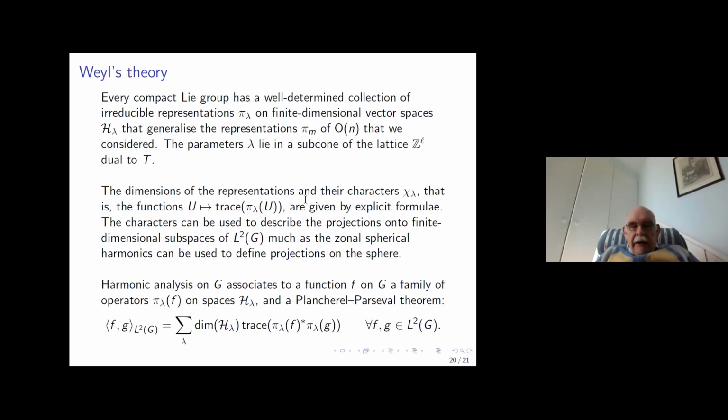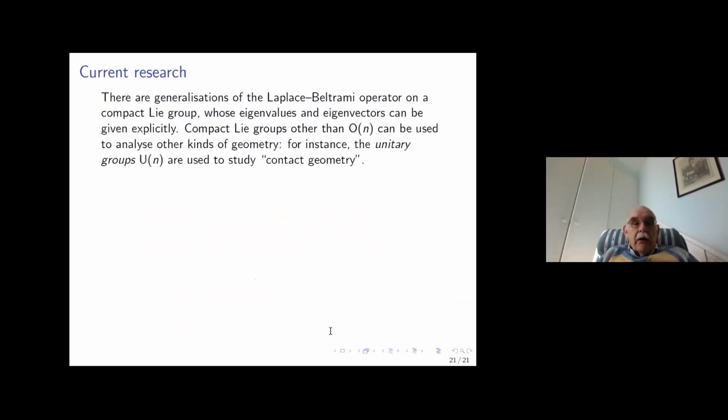Last, harmonic analysis on G associates to a function f on G a family of operators on spaces H lambda, and there is something that we call the Poincaré theorem that says that the inner product of functions on the group is a sum over the different representations with a weight that's equal to the dimension of the representation, which we know exactly, and then the trace of the product of two operators. One is an operator associated to F, and the other is an operator associated to G. So there is a theory of harmonic analysis in this context due to Weyl.